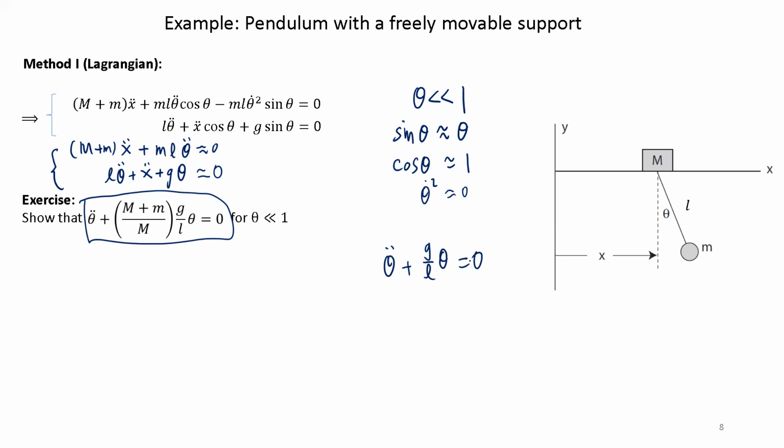And if we take the limit, you can actually get there, because this factor is just equal to 1 plus small m divided by big M. If you take the limit M tends to infinity, then this whole thing is just 1, and that gives you back the simple pendulum equation.